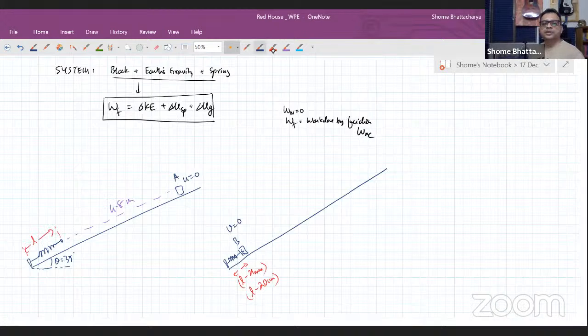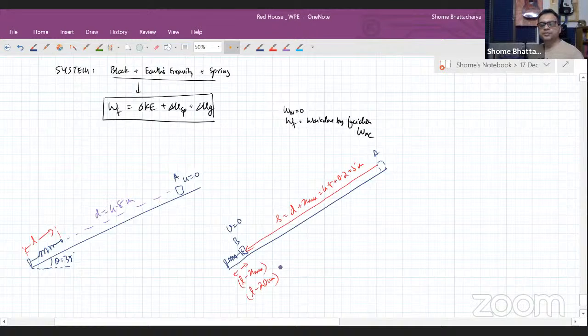Okay. So if you compare with the initial position where the block started, how much has it displaced by now? It has made a displacement of that distance d plus x maximum. So 4.8 plus 0.2 is 5 meters. Okay.